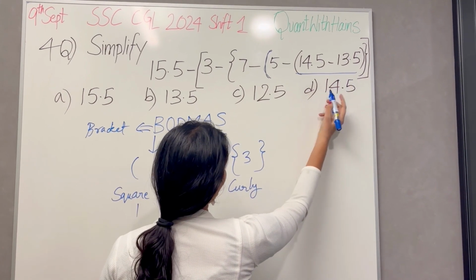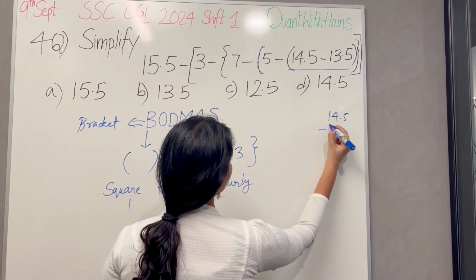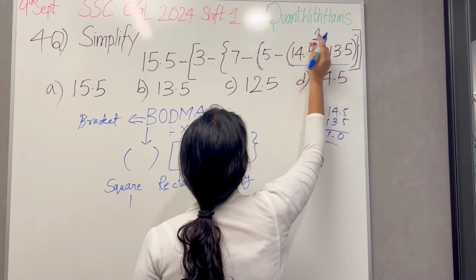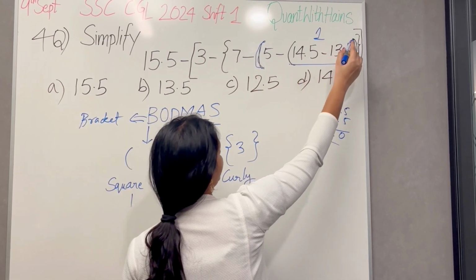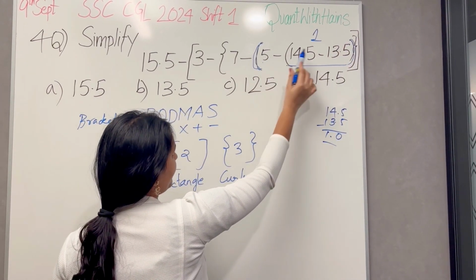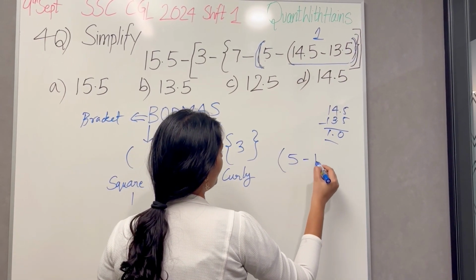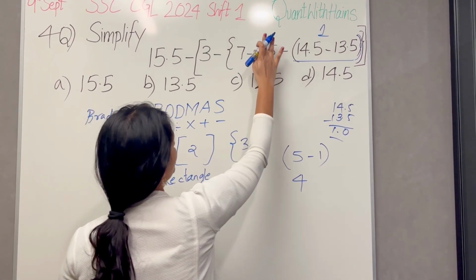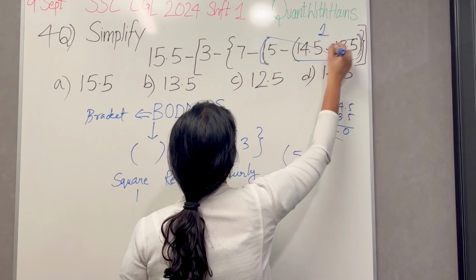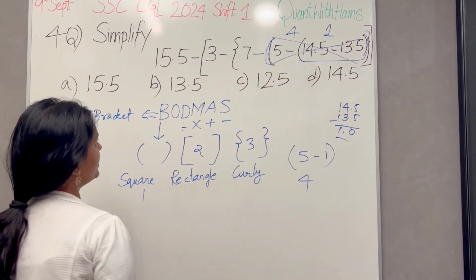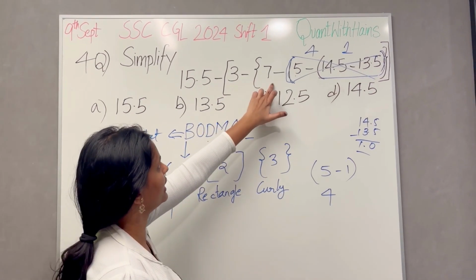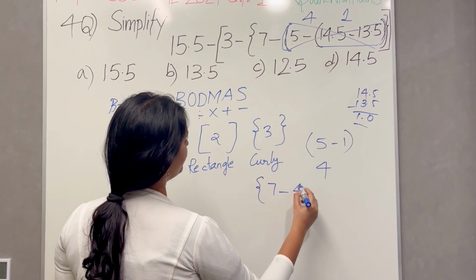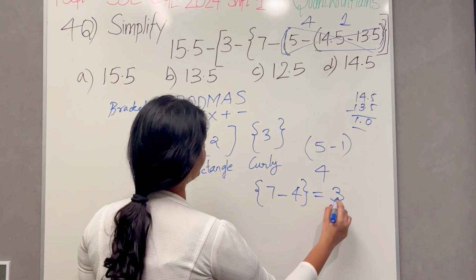14.5 minus 13.5, obviously that is 1. So this value is 1. Now we need to solve this square bracket. 5 minus 1 is 4. So this whole bracket is 4. After that, we'll solve this curly bracket. 7 minus 4, that is 3.